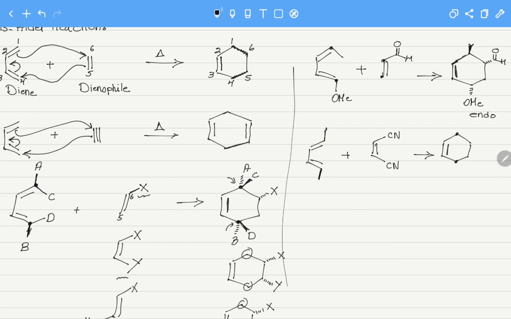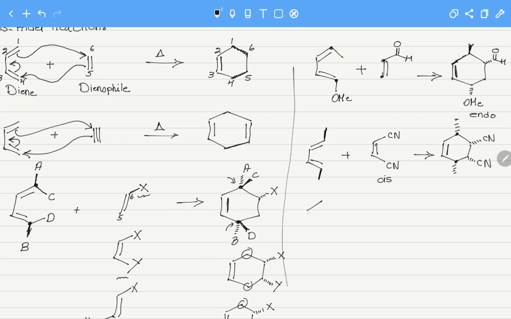Both groups are pointing away from the double bond, so they are in the trans conformation, and that's why they will be both dashes. And now here we have a cis dienophile, so make sure to draw those on the same side, with dash being the preferred stereochemistry.